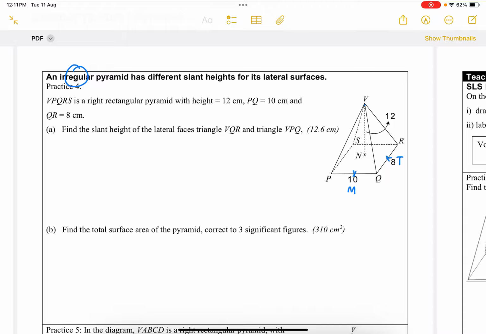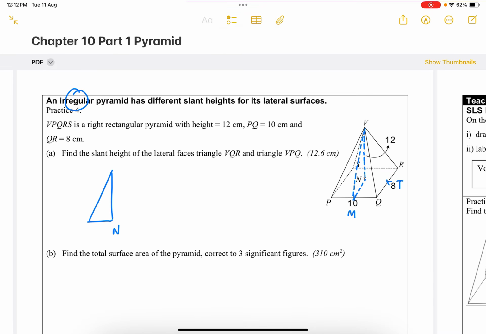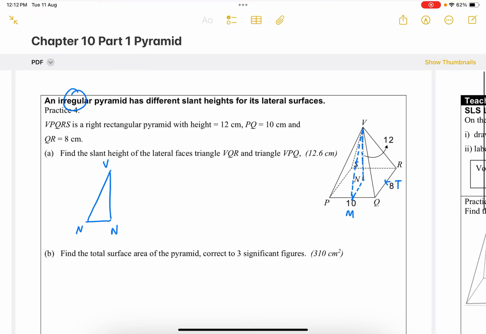We start with the first one. Let me find VM. To do so, I will need to create my right angle triangle using the perpendicular height. So I've just drawn one. I'm going to extract it out so that it's easier to see. N is our midpoint. V is the vertex. And here I've got M. Our vertical height was given in the question to be 12.